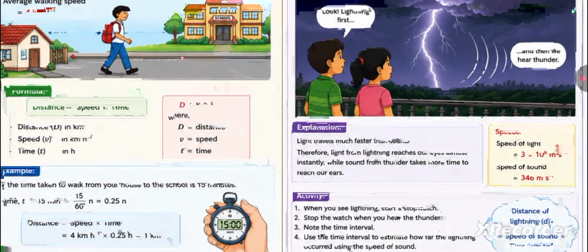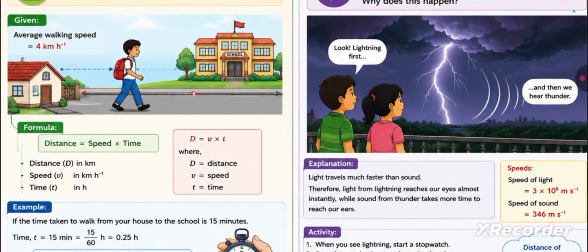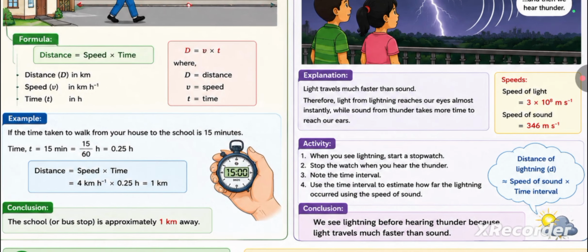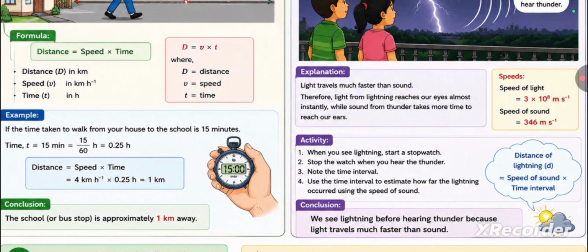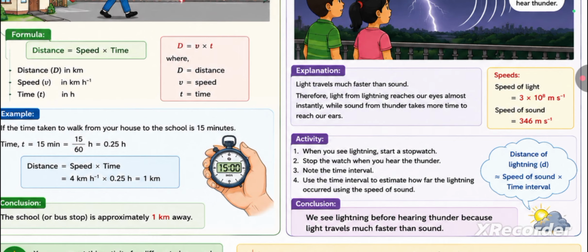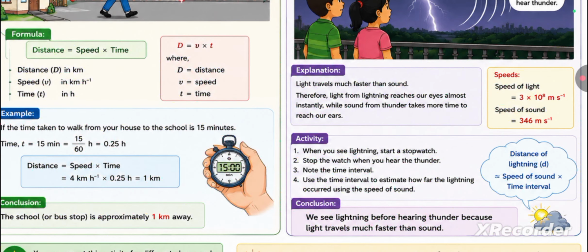So the lightning comes faster than thunder. Here we are given some activities. When you see lightning, start a stopwatch. When lightning and thunder happen, you have to observe first. Be ready to start the stopwatch, and when you see lightning, start the stopwatch.